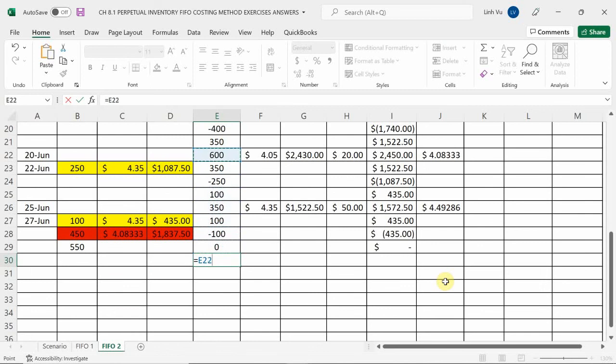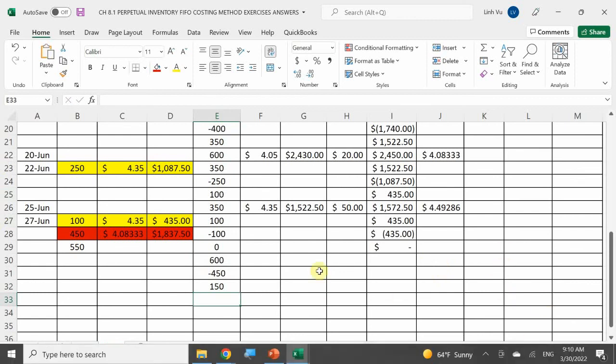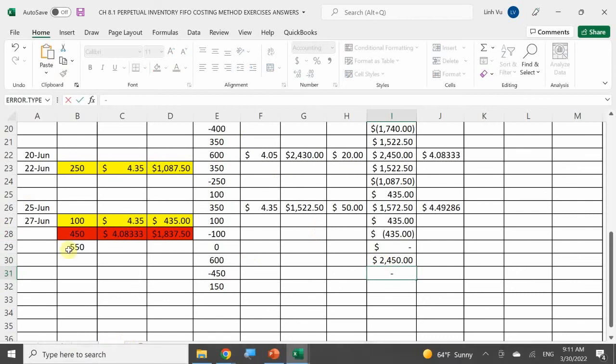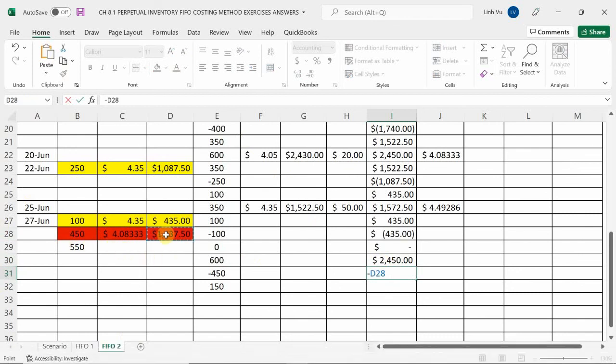So in this case, we got to pull the one from 600. We just sold 450, so we should have 150 left. My 600 batch originally cost me the 2450, and we just sold 1837.50. Right?